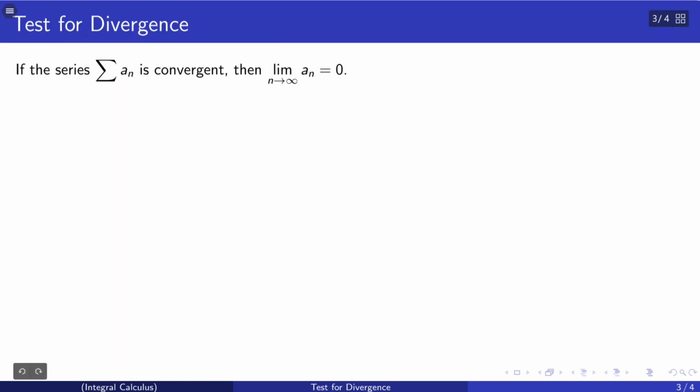Right? And so, on this slide, I have the exact same statement, just typed up here. If the series is convergent, then the limit is 0. And I'll write the other statement as well, the fact that if the limit is not 0 or does not exist, then immediately you can say the series diverges.